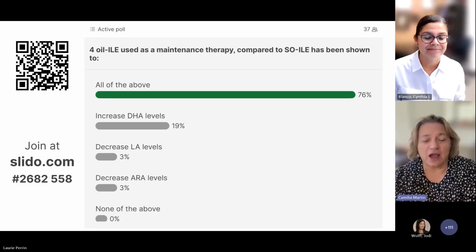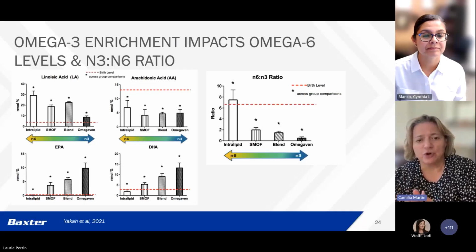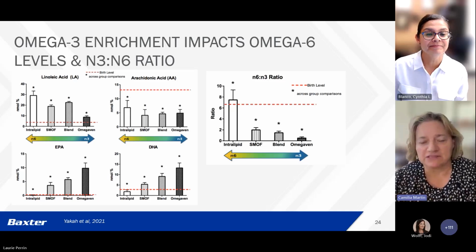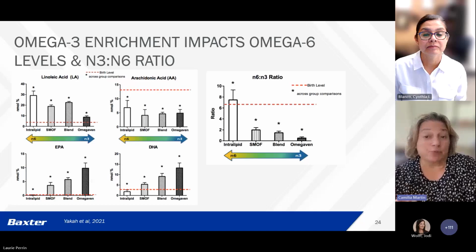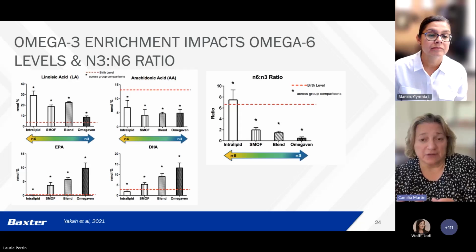So let's go into a couple of studies, and this, Morley, may help answer your question about what is happening to the fatty acids with these other lipid emulsions. This is a preterm piglet study, and then I am going to show you a human infant study, but it's relatively the same.